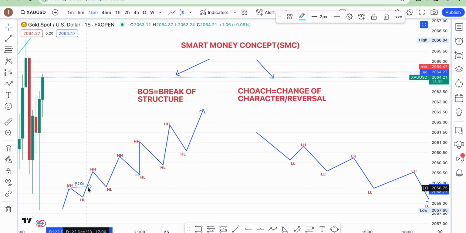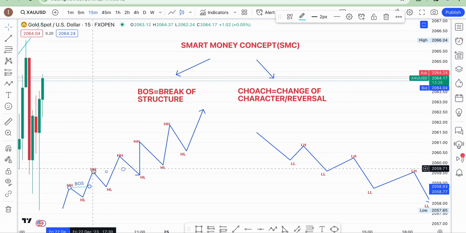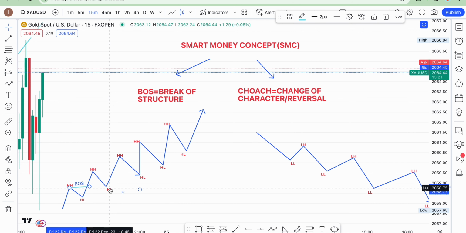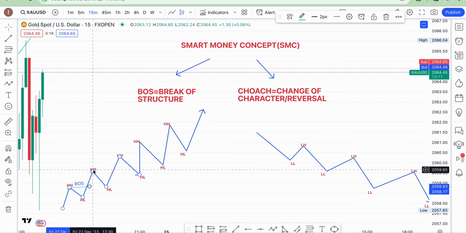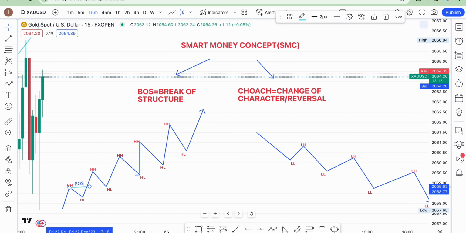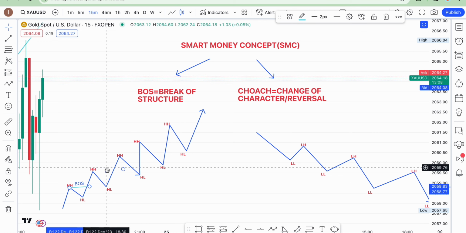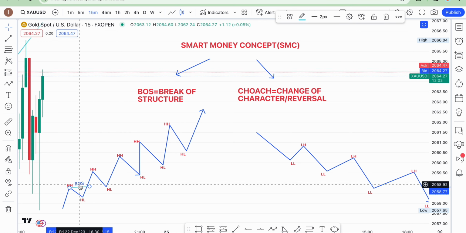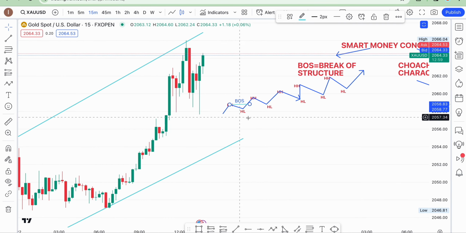Similarly, if you notice, after it breaks and forms a new higher high, it came back to form a new higher low, right? Then instead of stopping here or continuing down, it went up above it, even higher than the previous one, which makes us get another BOS, right?